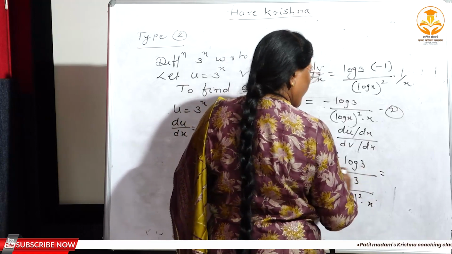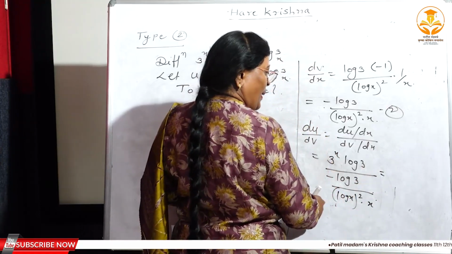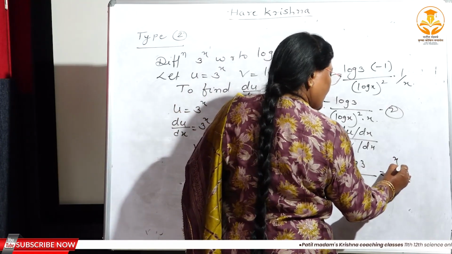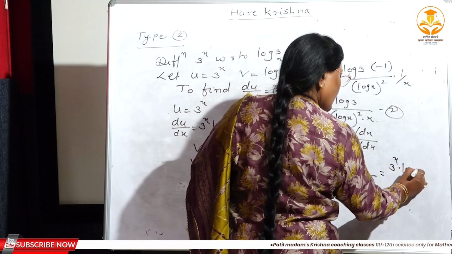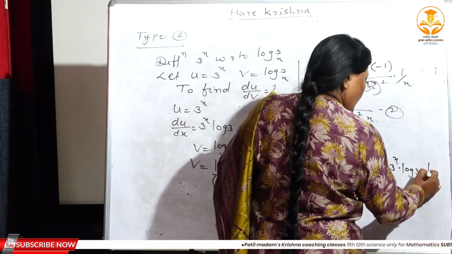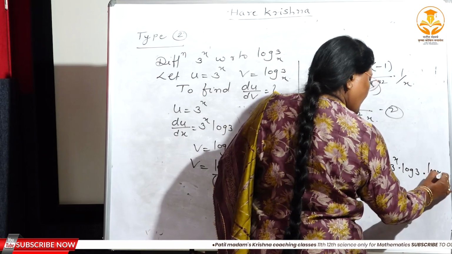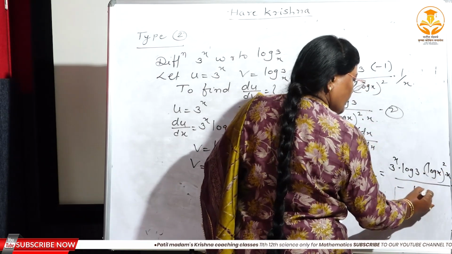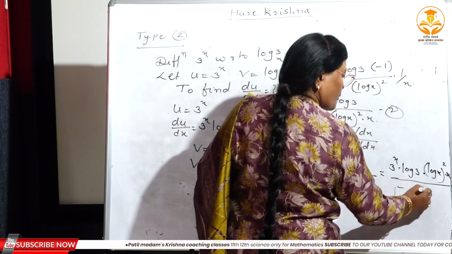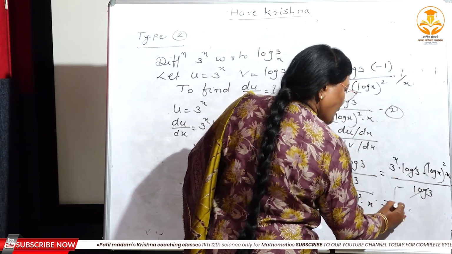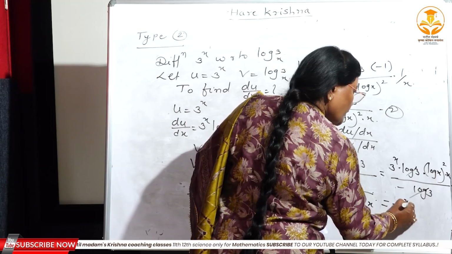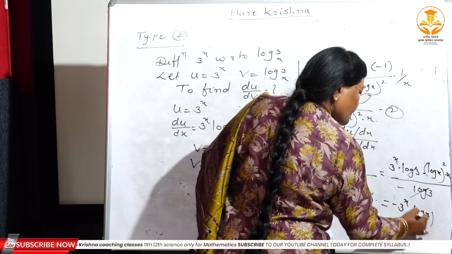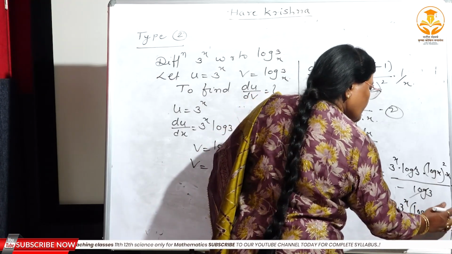Therefore, a divided by b by c means a multiplied by c by b. That is, therefore, this term comes in the numerator, x, and here again minus 1. Therefore, log 3 get cancelled, minus 3 raised to x into x divided by log x whole square.